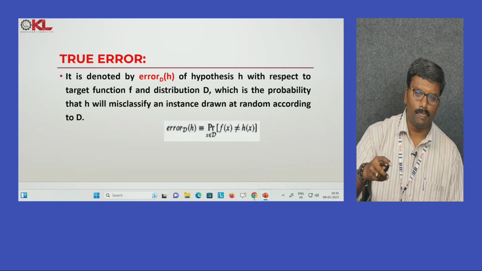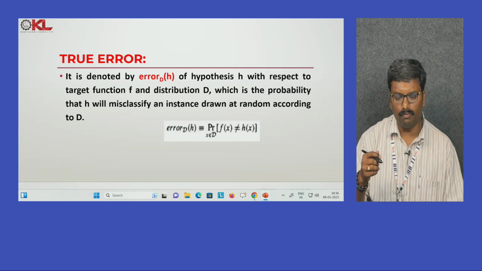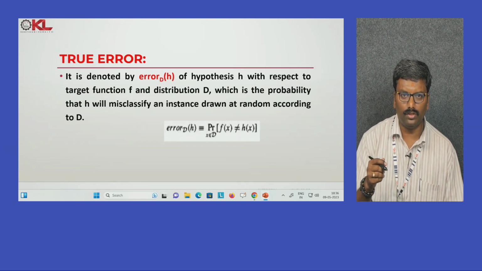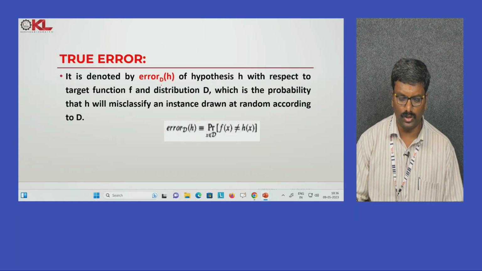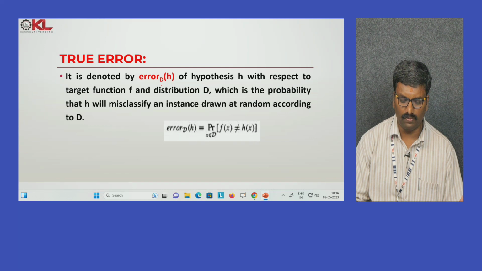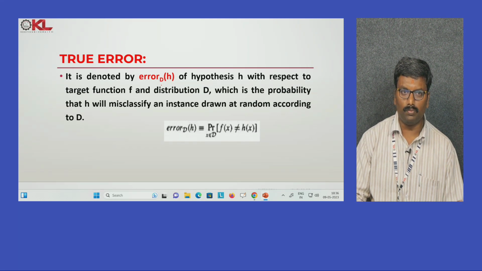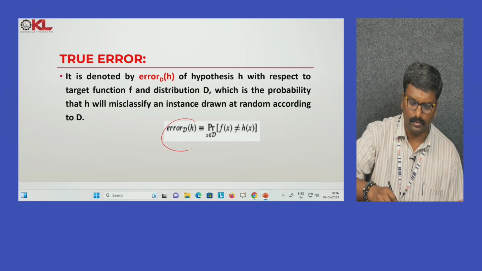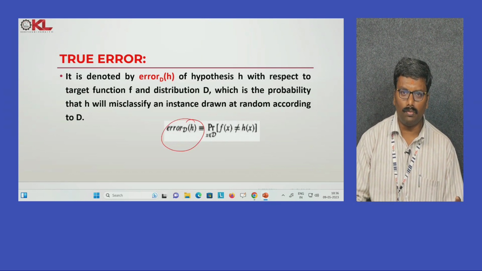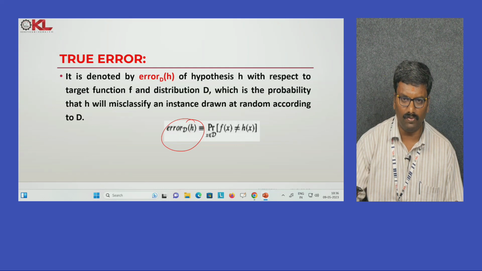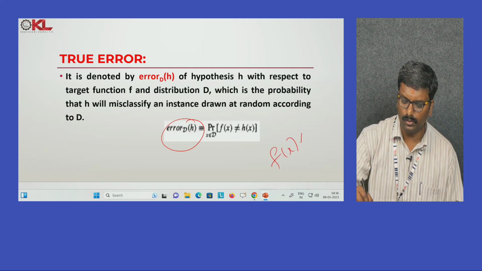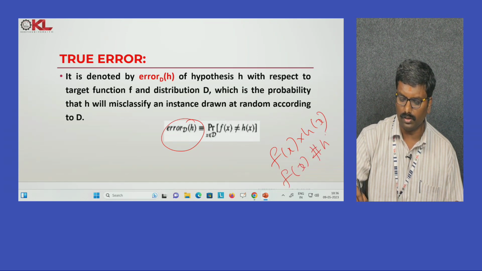It is denoted by error D of H, where D is the distribution, of the hypothesis H with respect to target function f and distribution D, which is the probability that H will misclassify an instance drawn at random according to D. Here the error D of H is equal to the probability, under distribution D, that f(x) is not equal to h(x).